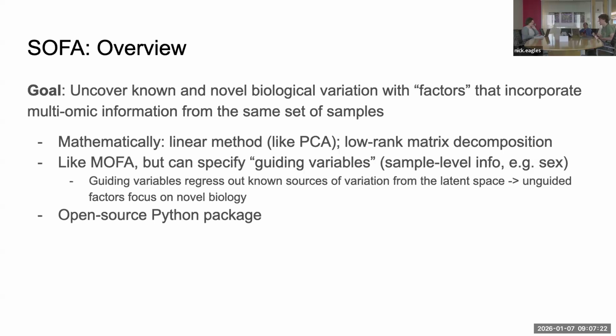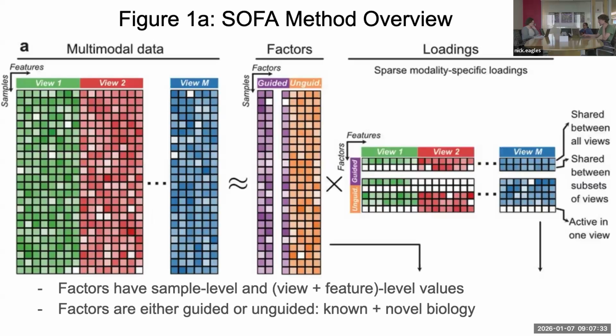It is an open source Python package, and I'll get more into the software towards the end. Figure one really focuses on the method itself. In A, they're showing this low-rank matrix decomposition. We'll start on the left, where you have the different features and the different views. There are a lot of ways to define these views.